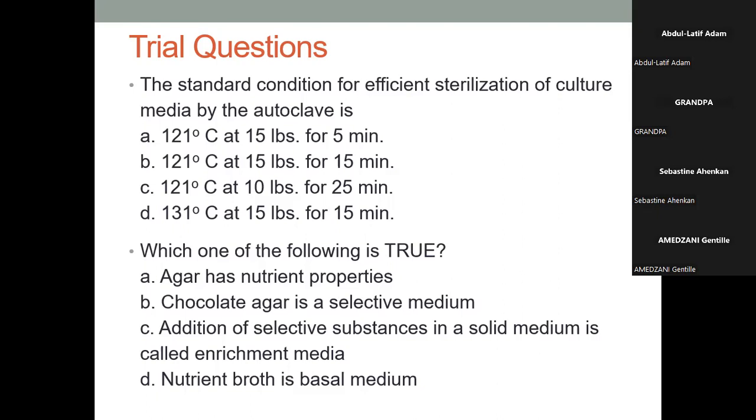Hello, sir. I will go for nutrient broth as a basal medium. All right, who else has a different answer? And so that's correct. Nutrient broth is a basal medium. The rest are all not correct.